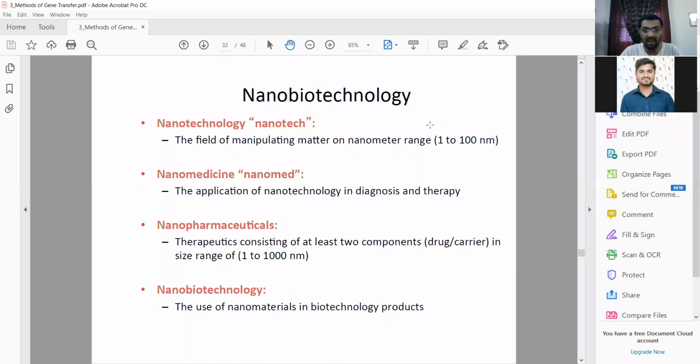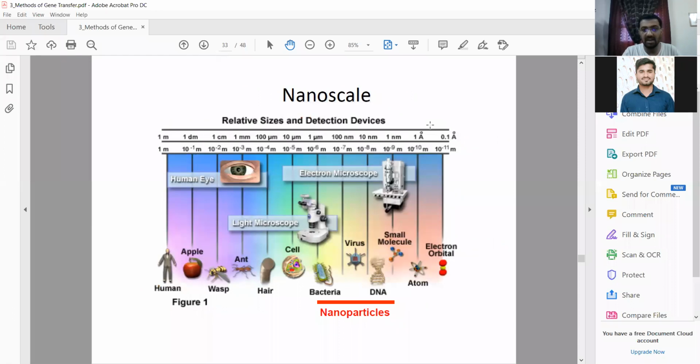So scientists are developing various types of nanoparticles which act as carriers for drug molecules. Nanobiotechnology is the use of nanomaterials in biotechnological products. Moving further, this diagram lists the nanoscale, relative size, and detection devices.